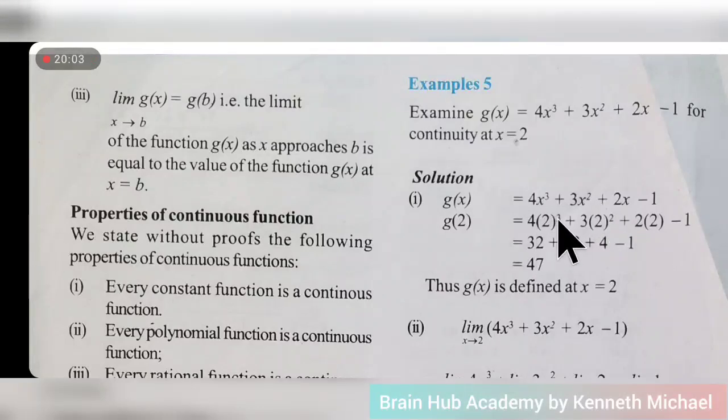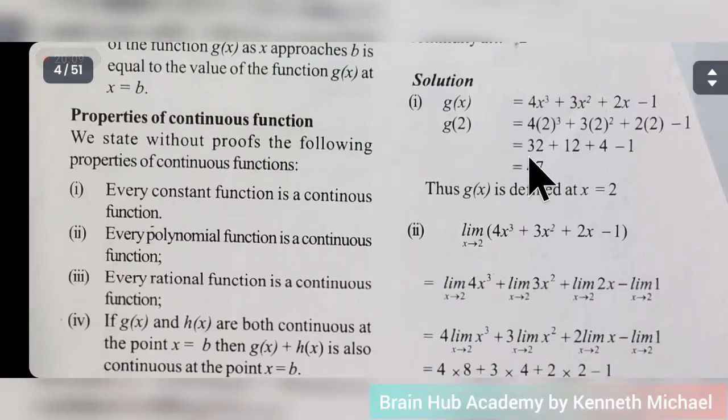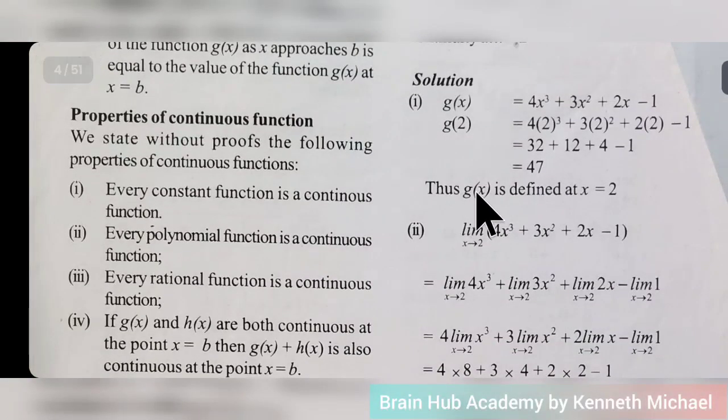By the time you do this calculation, you discover that you arrive at 47. So by the time you arrive at 47, thus g of x is defined at x equals 2. So that's one of the properties, that g of x exists. And it exists because we have the value. It is something that has value 47.